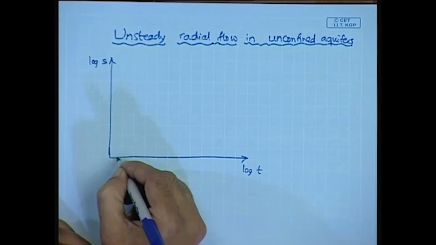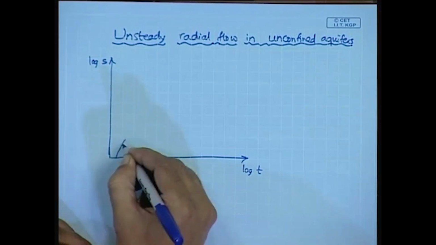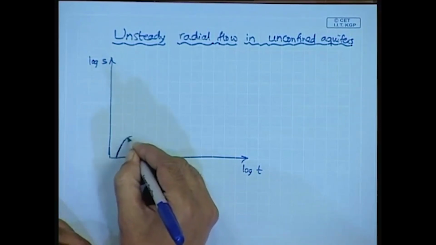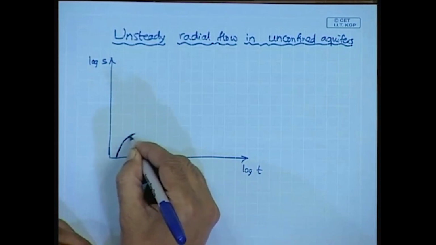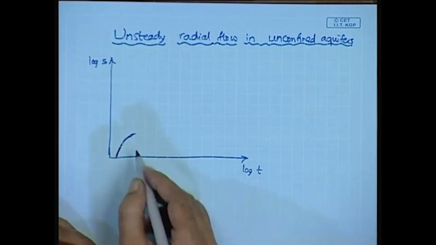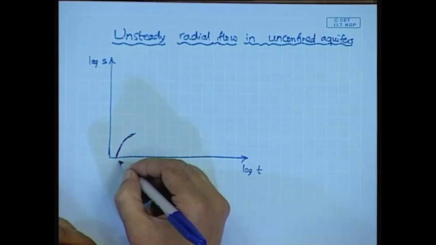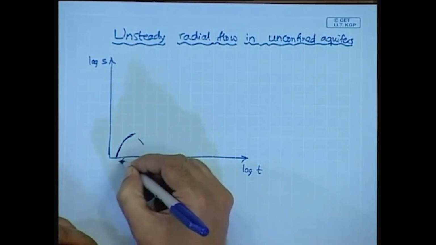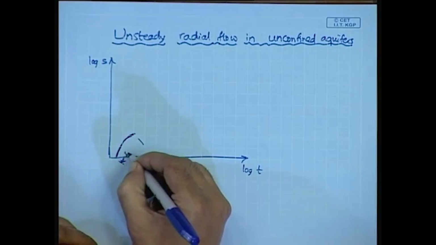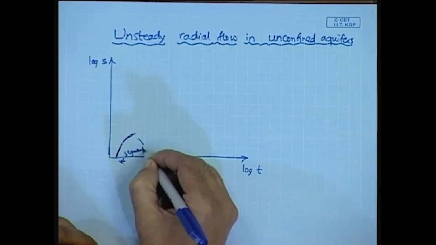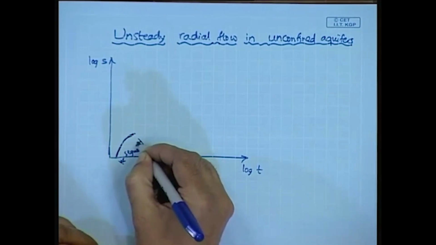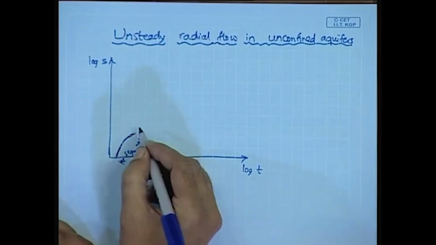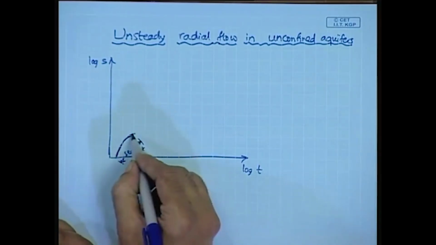The first one is segment 1, wherein the slope is quite steep, relatively steep.